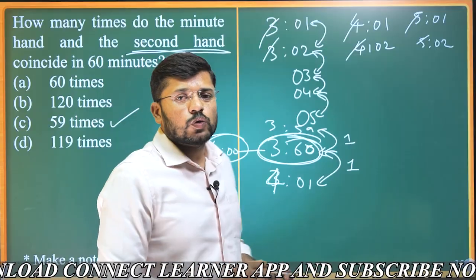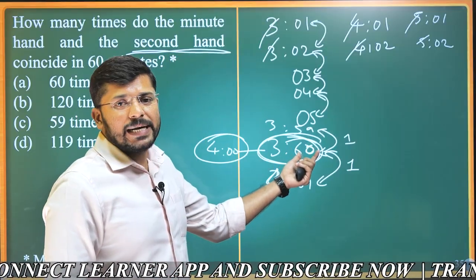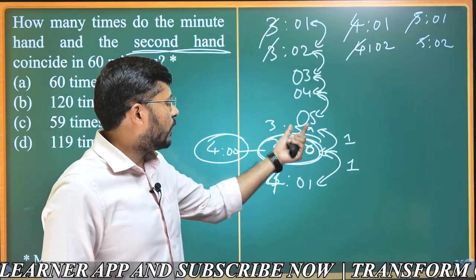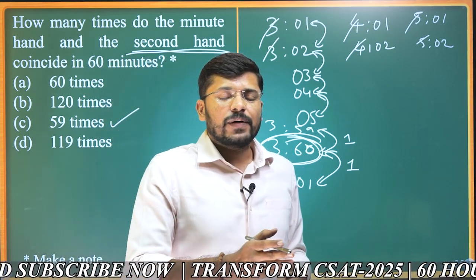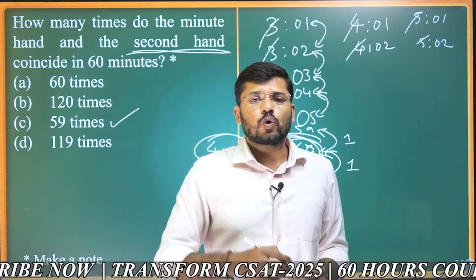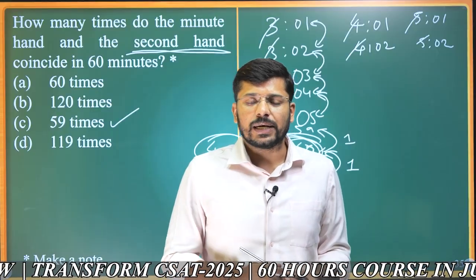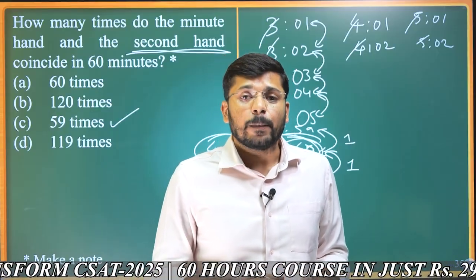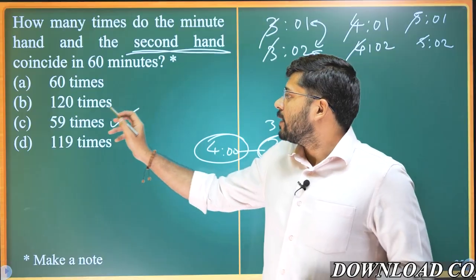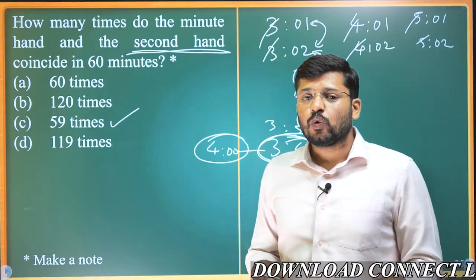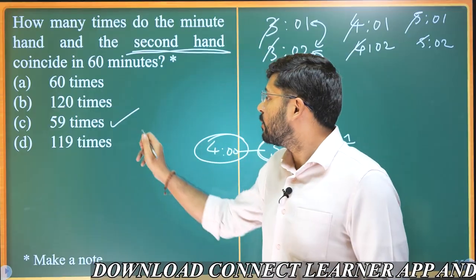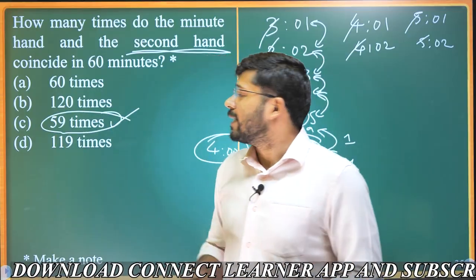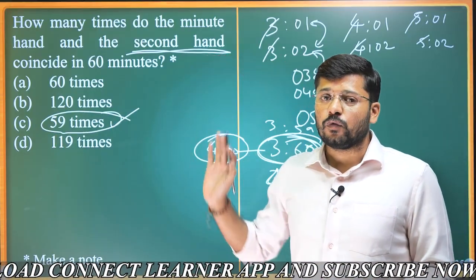So this 60th minute is common for both these periods, 59 to 60 and 60 to 1. Because of that, from the 59th minute to the first minute, they will not coincide twice, but only once. So that is the general rule and exception. So the minute hand and the second hand will be coinciding 59 times in every 60 minutes. Make a note of it.